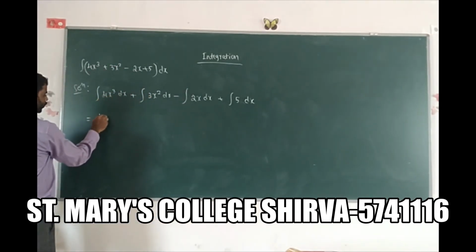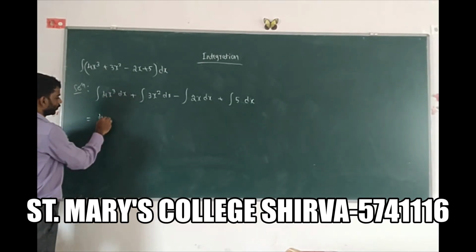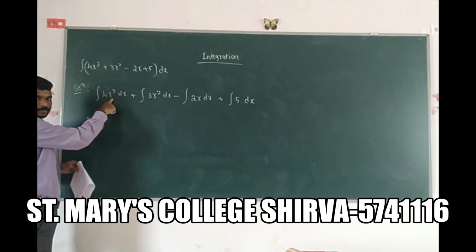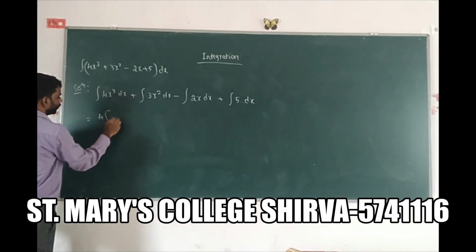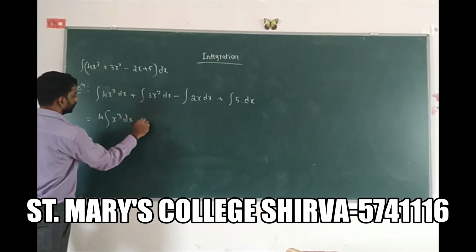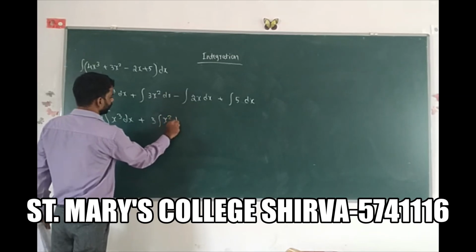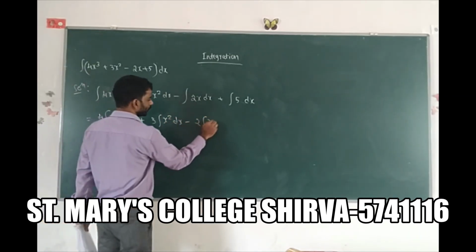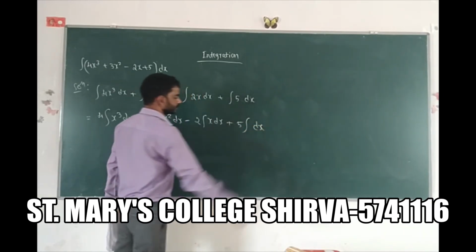Here, 4 into integration of x cube dx. Apply the first rule: k into f of x, where k is a constant, we take outside. So 4 into x cube dx plus 3 into x square dx minus 2 into x dx plus 5 into dx.